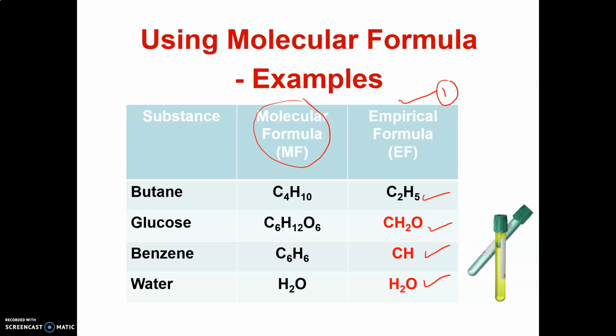And to deduce, calculate, or find the empirical formula, we have to have masses of the elements in that compound, and these masses can come in grams or in percentage composition for these elements in one compound. Now let's see one example.